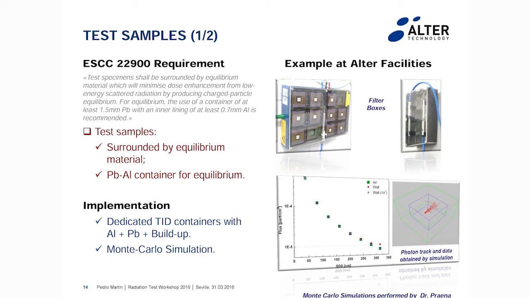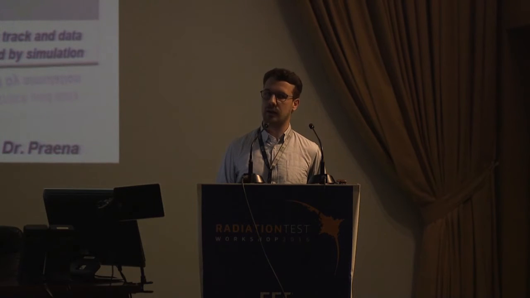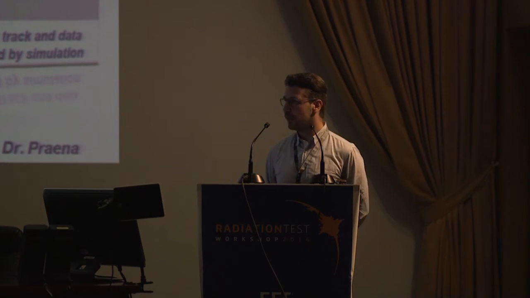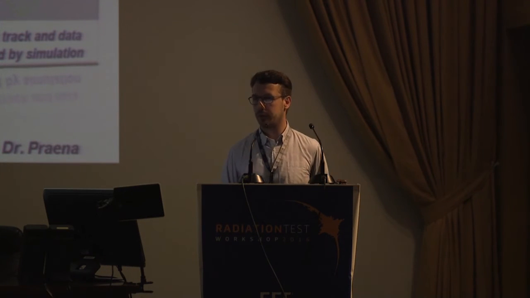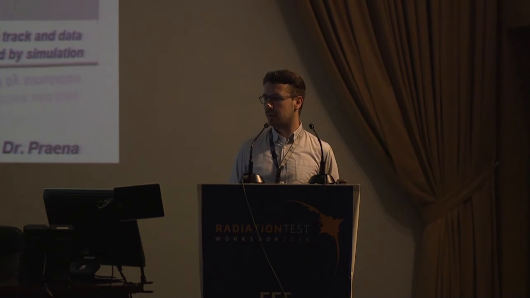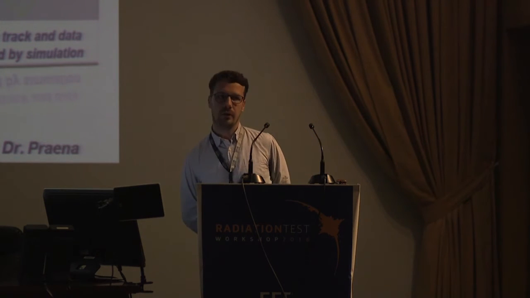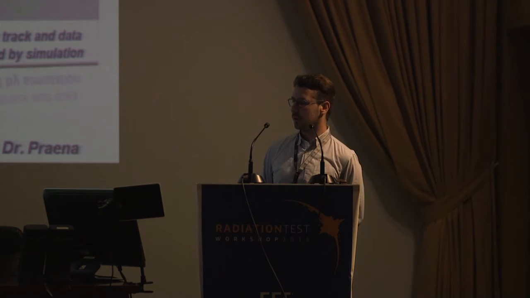The test samples. The first requirement on the test sample is how to place them to submit to radiation test. It's very important to use a filter box that is composed basically of lead and aluminum with a build-up cover to minimize the low energy scattered radiation contribution.